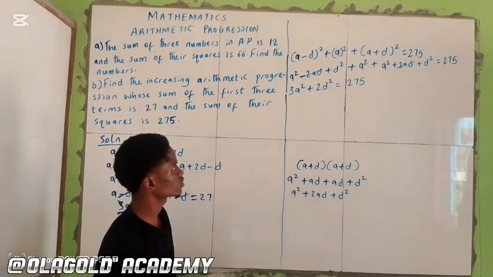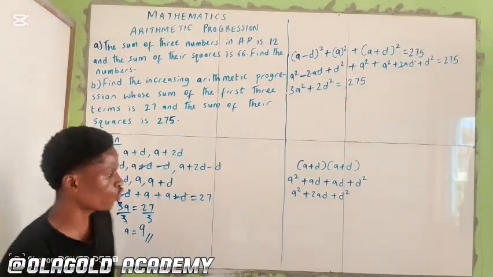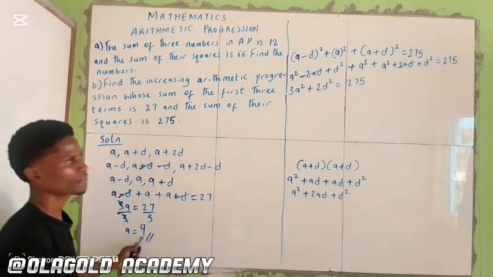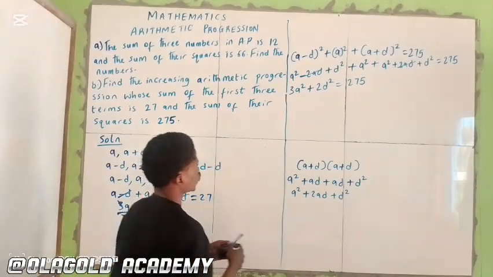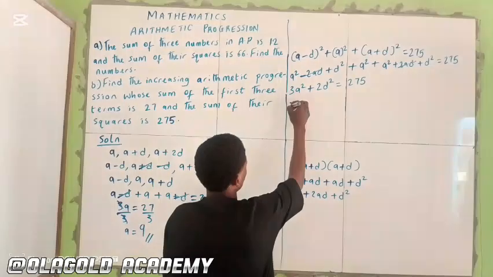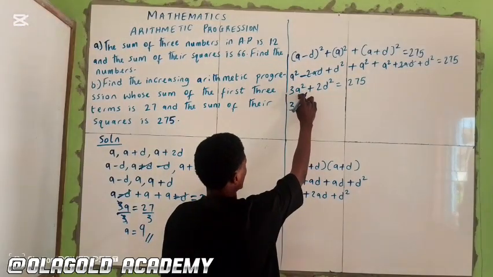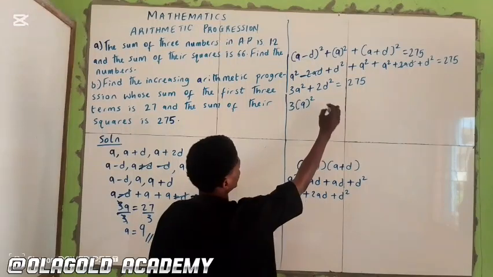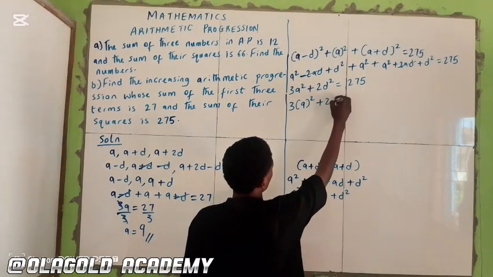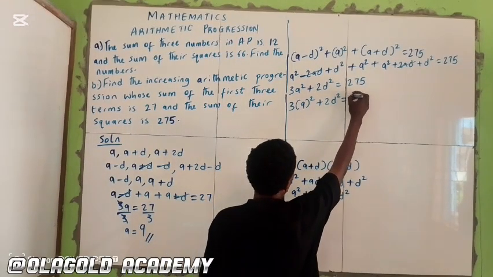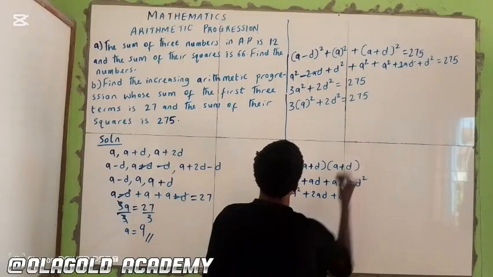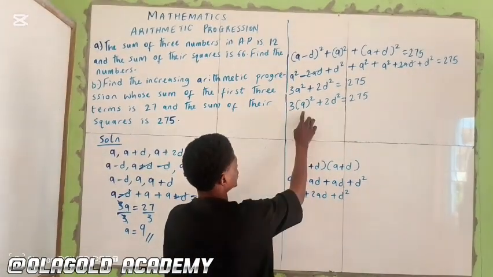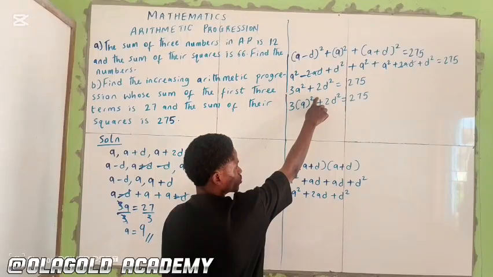Let's recall that my a is 9. So if I substitute my a, which is 9, into here, I'm going to have 3 times 9 squared plus 2d squared equal to 275. If I express this further, 9 squared is 9 times 9, I'm going to get 81.